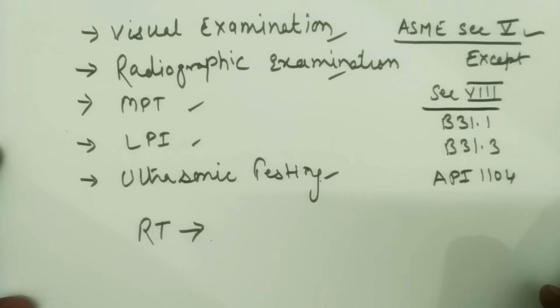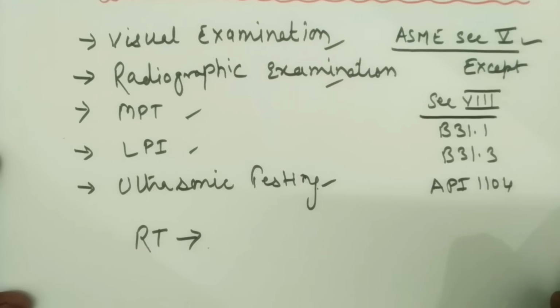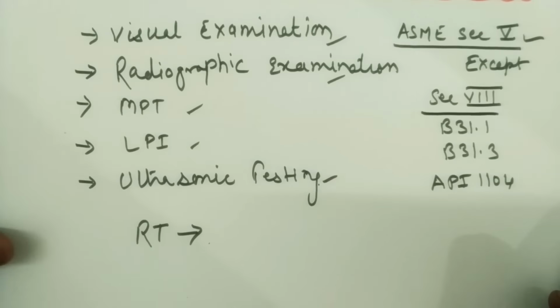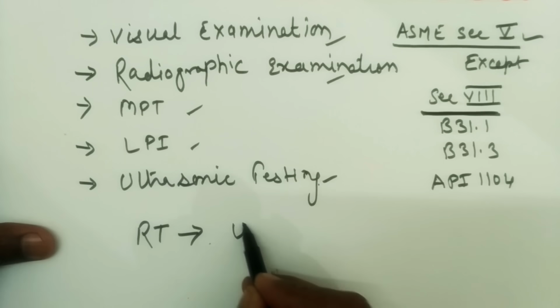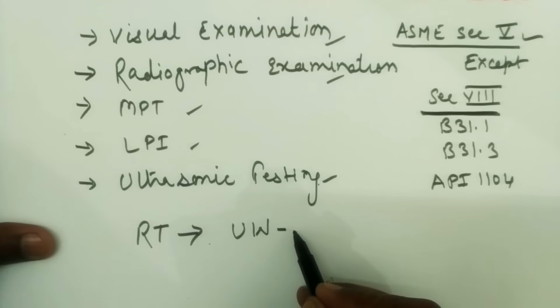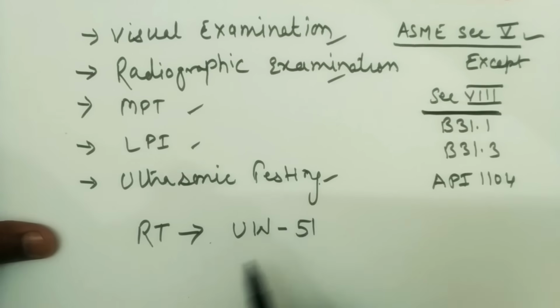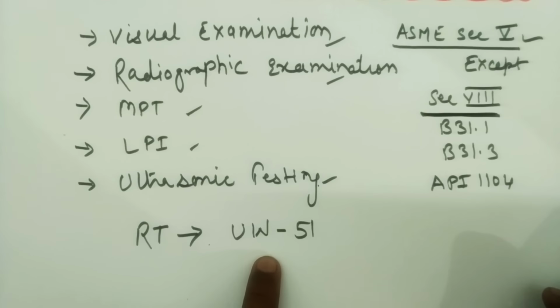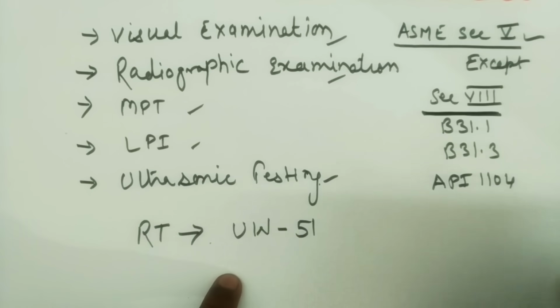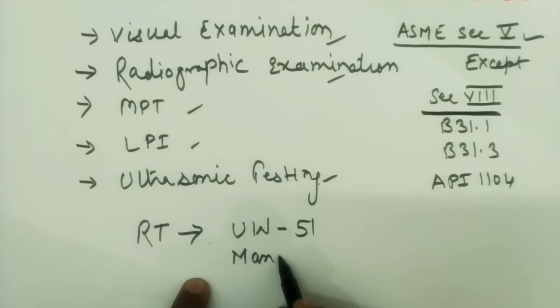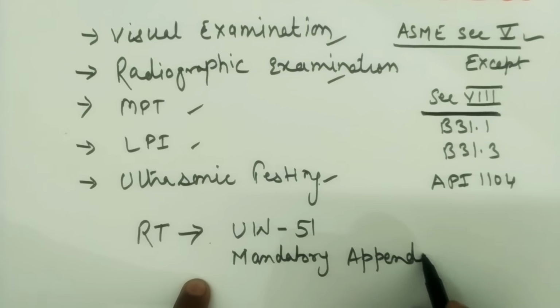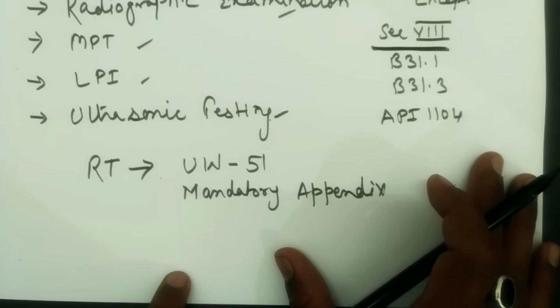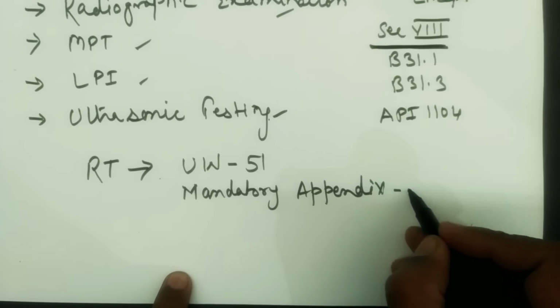If we have to know the acceptance criteria for radiography testing as per ASME section 8, you need to refer UW, para UW-51. So UW-51 gives the acceptance criteria for radiography testing along with mandatory appendix 4.